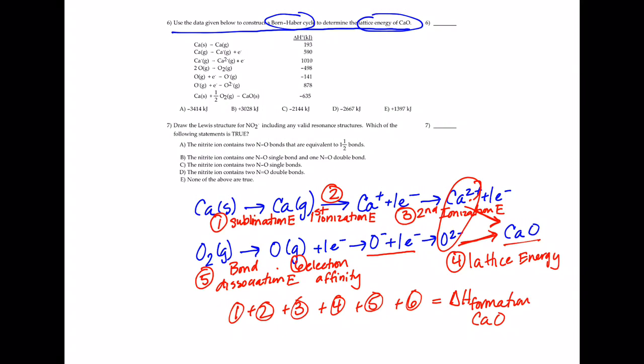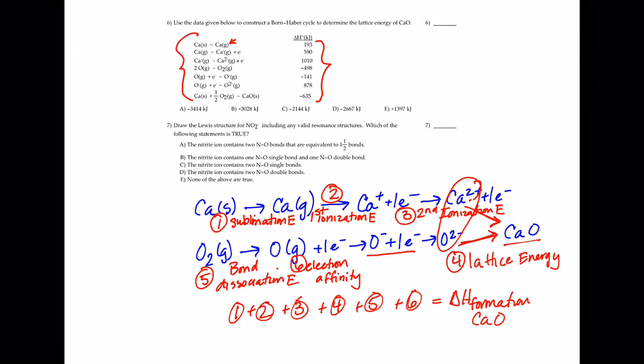Okay, so now I'm going to go back and relate this information back to our problem. Just kind of rereading the problem here, it says, use the data below to construct a Born-Haber cycle, determine the lattice energy of the calcium oxide. And I'm looking at this information here and the processes that are over here. What I'm seeing is that it's giving me each one of these.